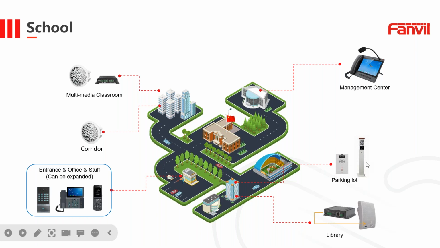And in the parking lot, they can also install our video intercom so that they can make a call with the management center, and the management center can also monitor what happens in the parking lot. And also in the entrance, office and for moving staff, our customer can use our door phone, IP phone, and wireless Wi-Fi phone.